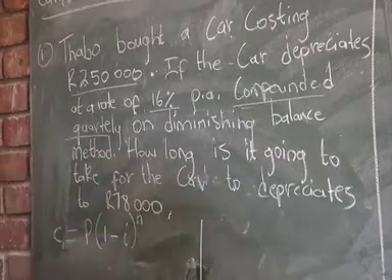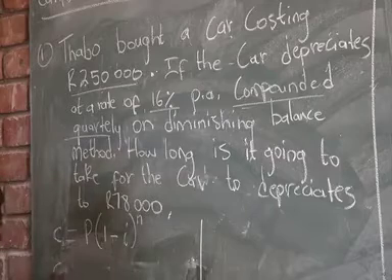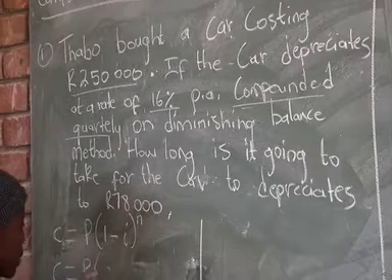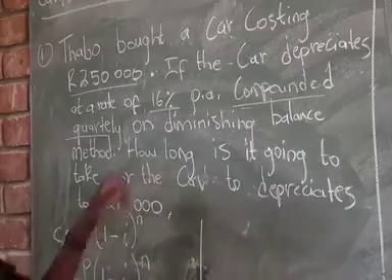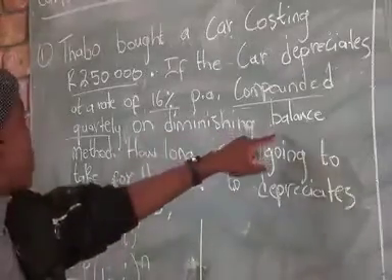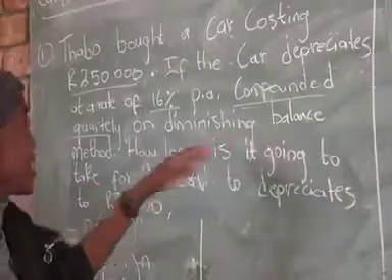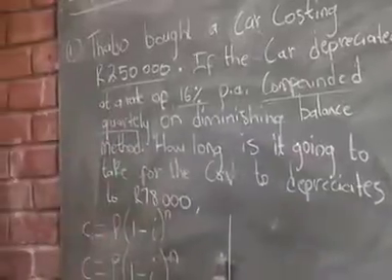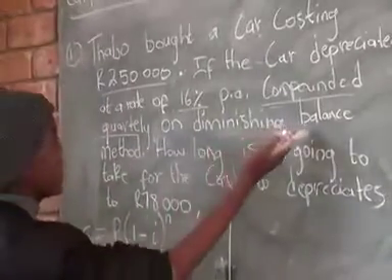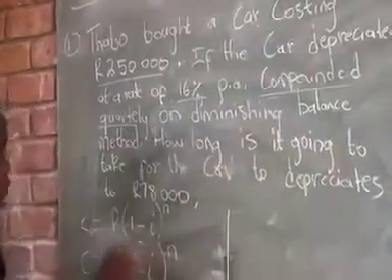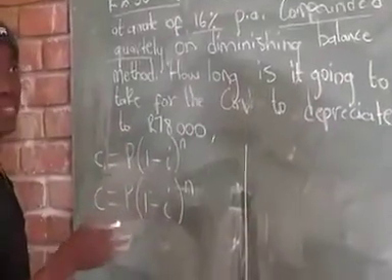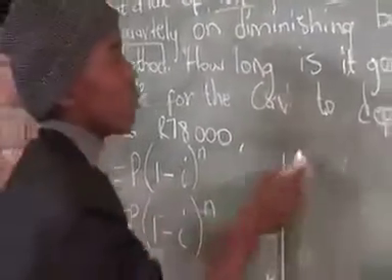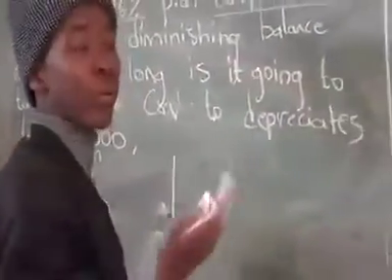So let's copy it down. It's A = P(1 - i)^n, and they told us we are using the diminishing balance method. The diminishing balance method is another name for compound. So if they say diminishing balance method, you're going to use this formula. But if they said straight line basis, you were going to use the other formula that we had in grade 11.